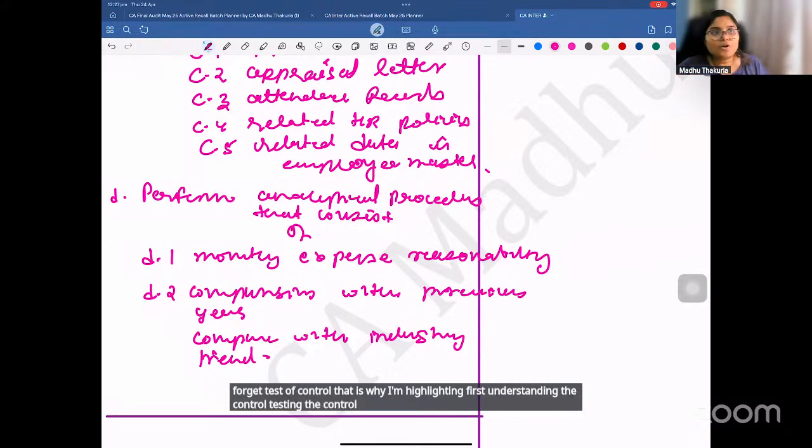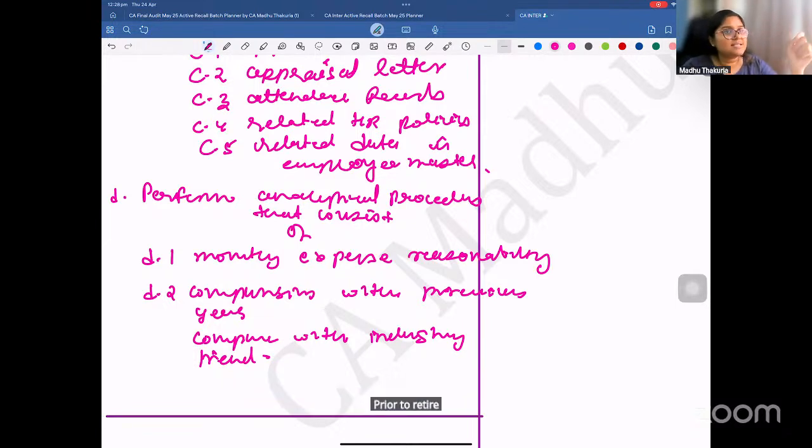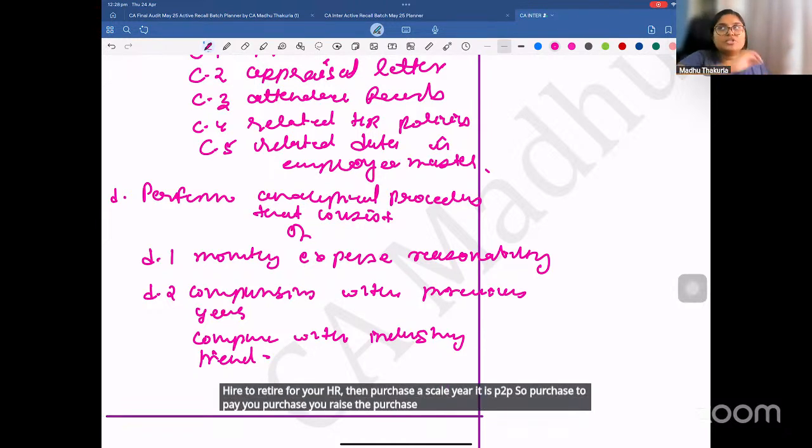It will become part of every process, like O2C, order to cash, the sales process, hire to retire for your HR. Then purchases ke liye it is P2P, purchase to pay. You raise the purchase requisition note and purchase order, till you pay the supplier. It's a full process, so P2P it is called.